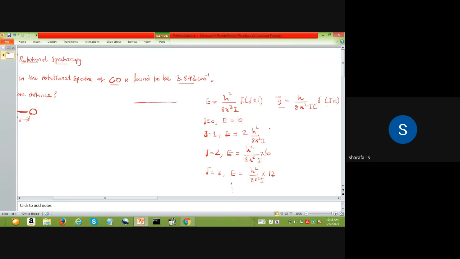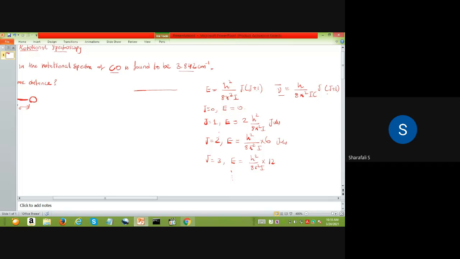These are energies in joules. If you want to convert these values into the term B, this is your B value.